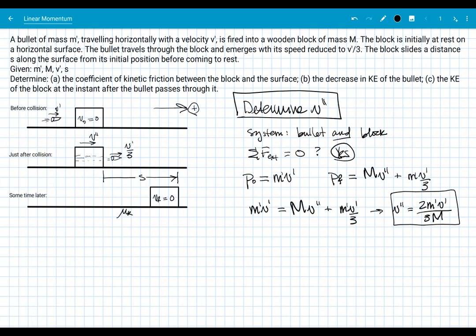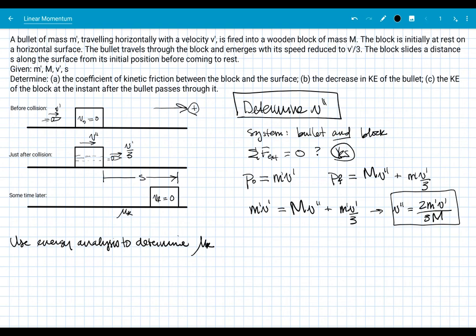So now I can use energy analysis to determine mu sub k. Okay, now I'm all over that piece of it. So this is just a block that was moving at v double prime and it comes to rest over some distance s, right? I've totally got that.